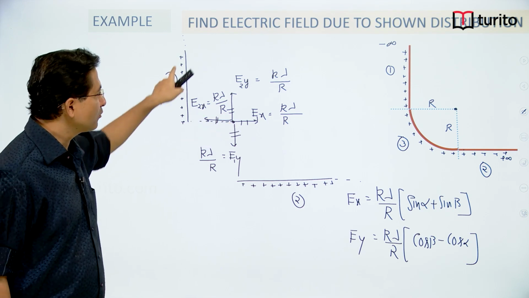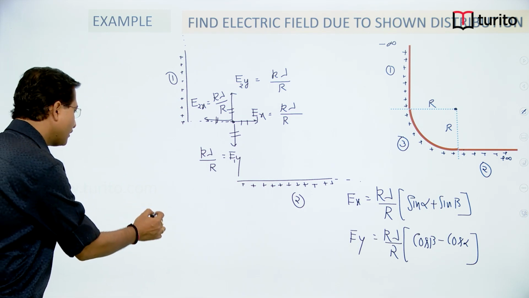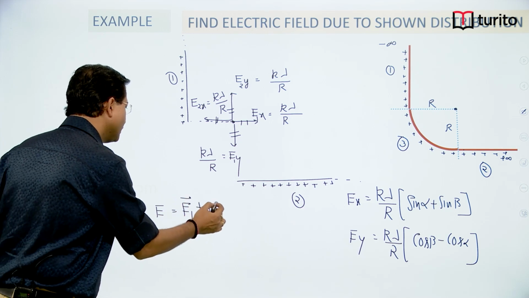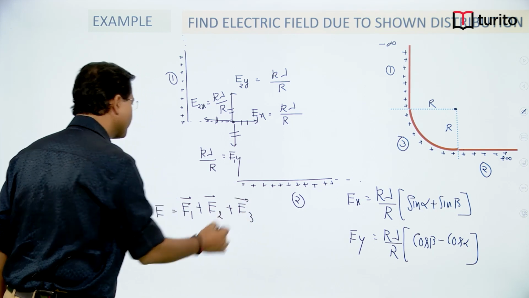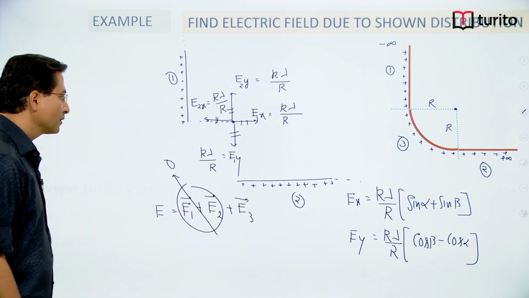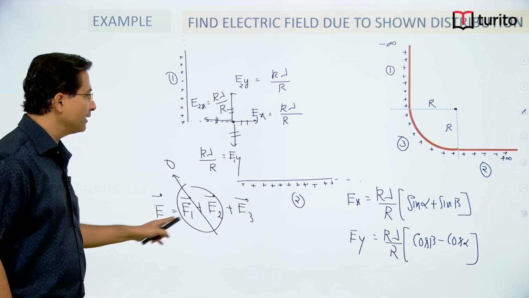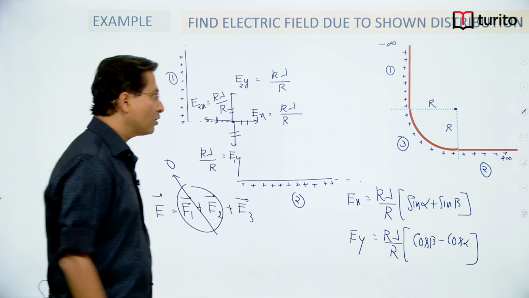So if these two are not producing any field at this particular point, the net field is given by the field produced by the first vector, the field produced by the second vector plus the field produced by the third vector. These two in combination cancel each other. That means the net field at that particular point is only because of the third one, only because of this one.